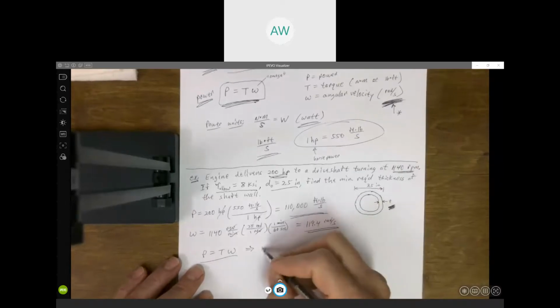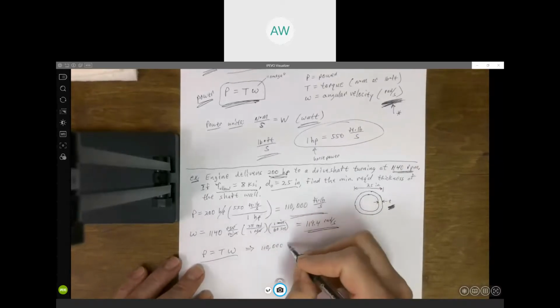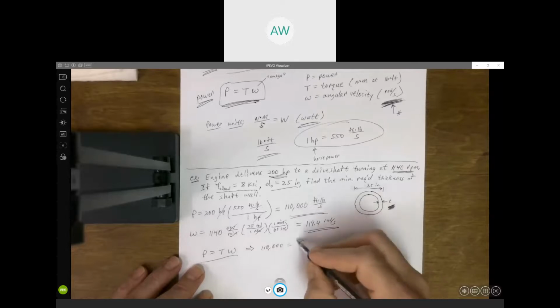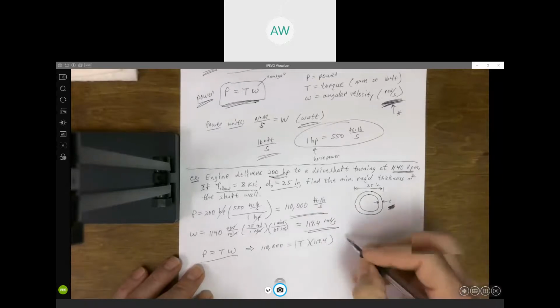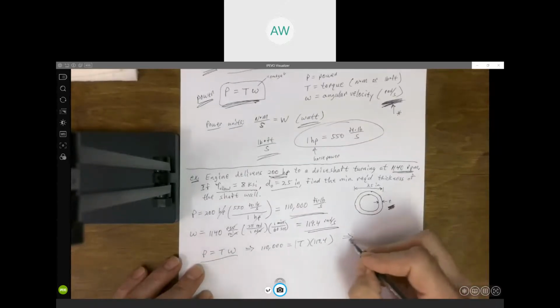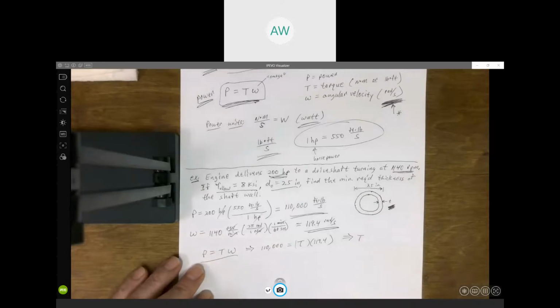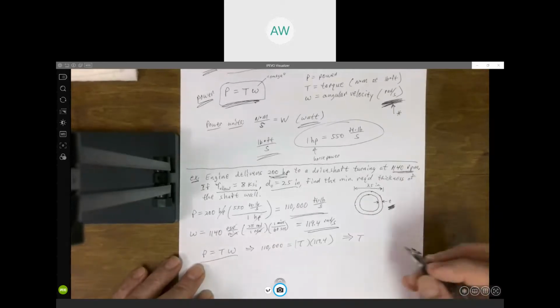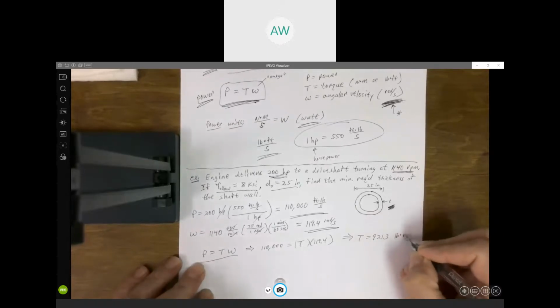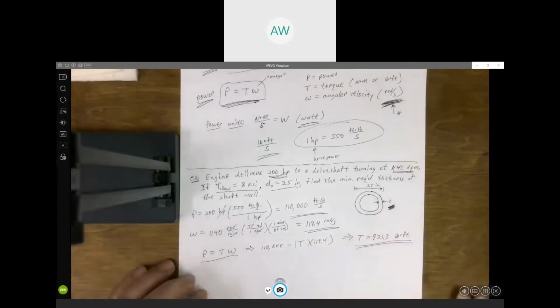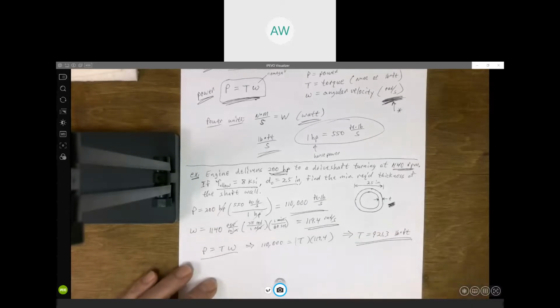We've got 110,000 foot-pounds per second, that's equal to torque times 119.4 radians per second. Solve for T. This will be the torque in foot-pounds. And I got 921.3 pounds-feet. That's the torque that has to be applied to this shaft to make it rotate at 1140 RPMs and deliver 200 horsepower.